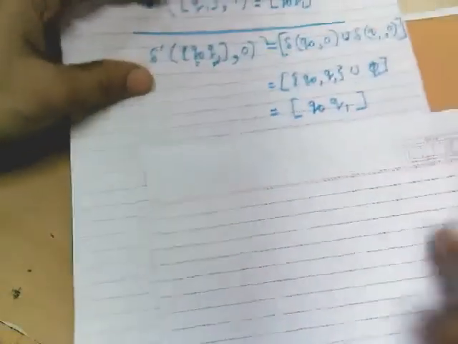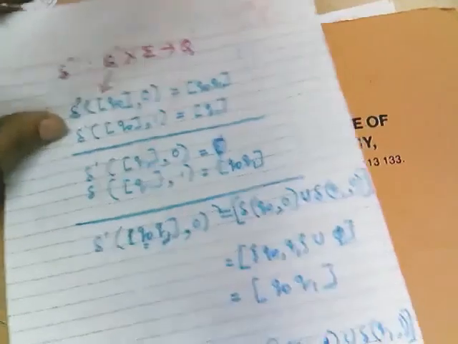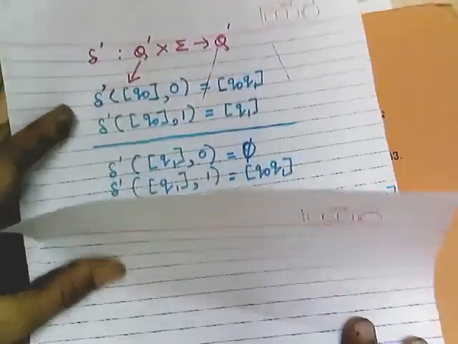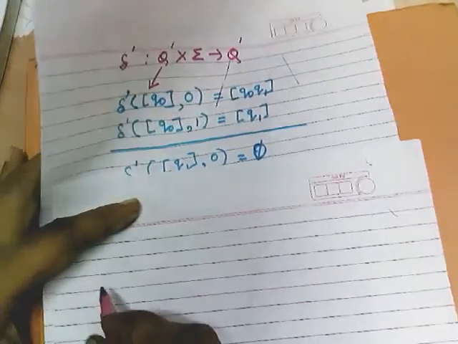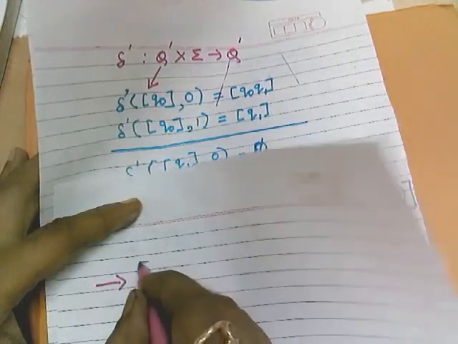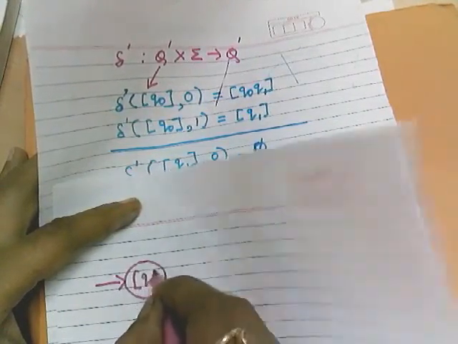Okay, so here, are you able to see? So now we will be drawing the transition graph. So my transition graph will be having, very first, which state? Q0 state.